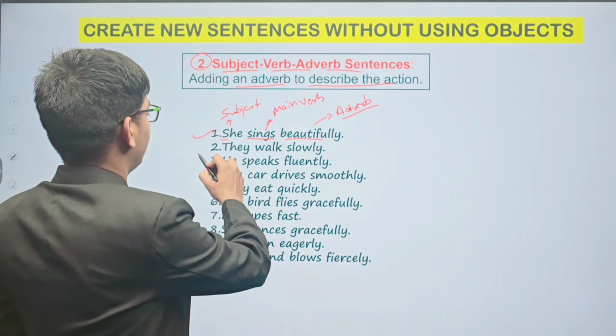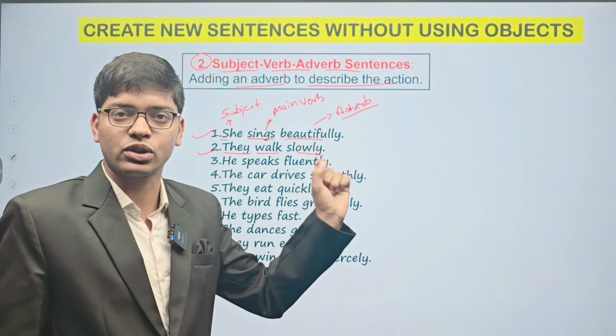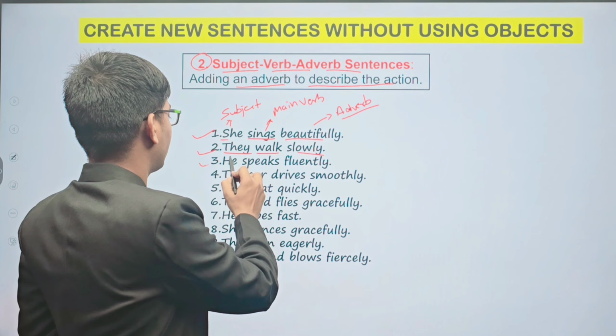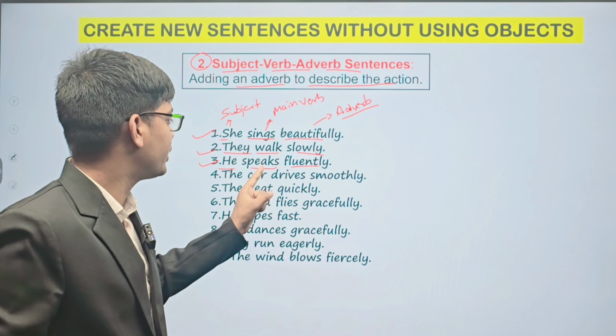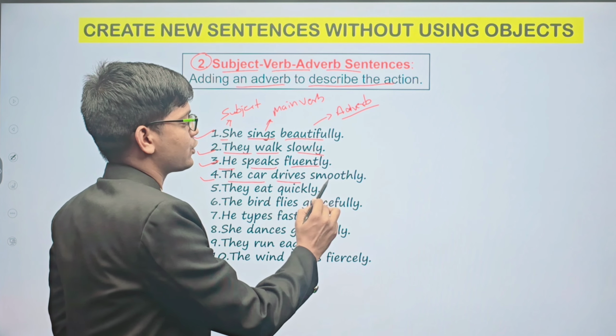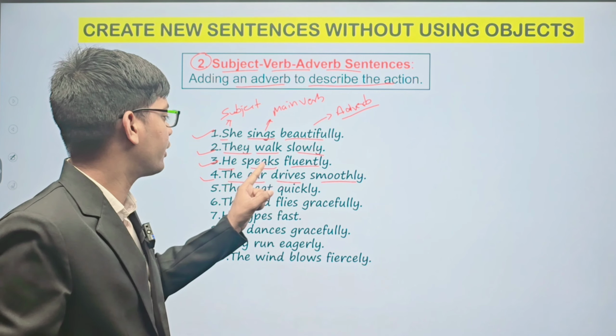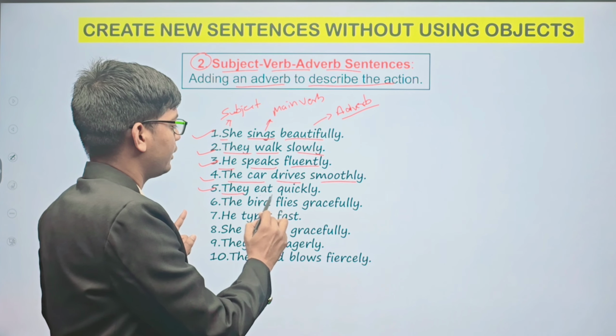Next one, they walk slowly. He speaks fluently. The car drives smoothly. They eat quickly.